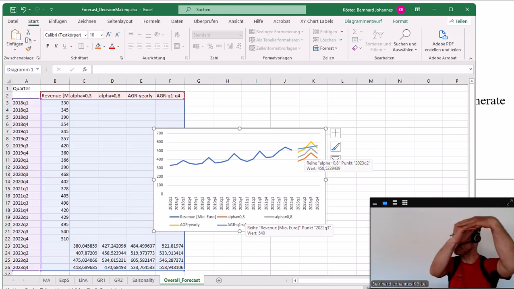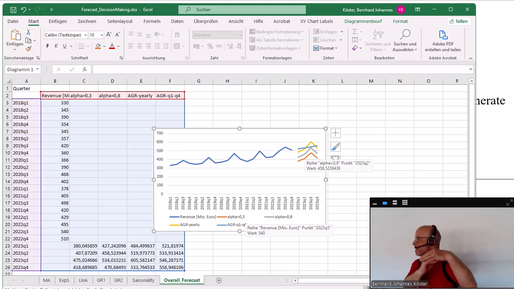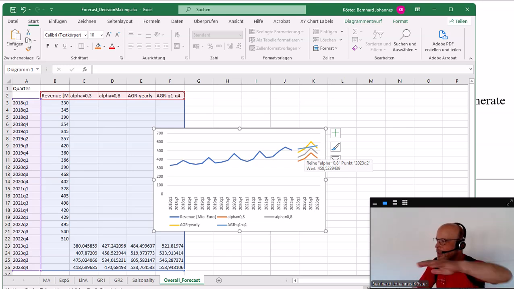And this means you have a quite high level already. And this, using the other methods, means that you step quite more downward.